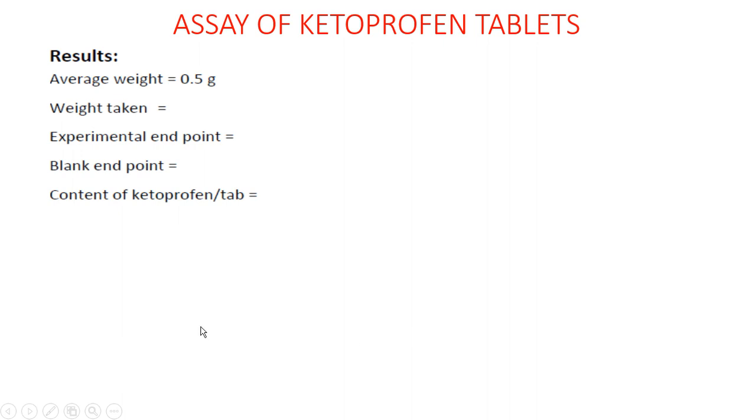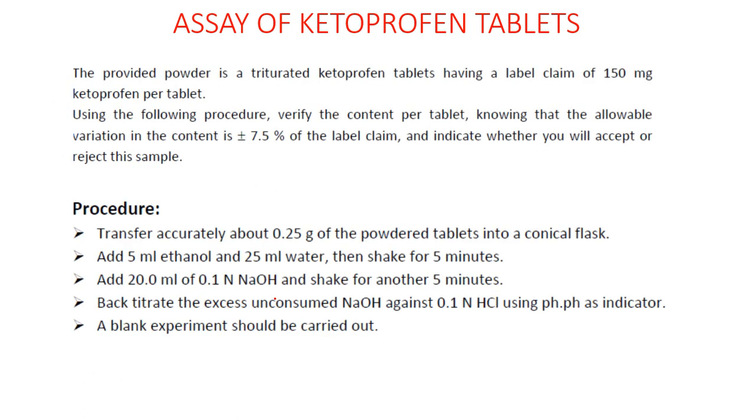First, you should calculate the equivalent. As I said, equivalent means that each 1 milliliter of the titrant, which is the HCl, and what is the normality? 0.1 normal.